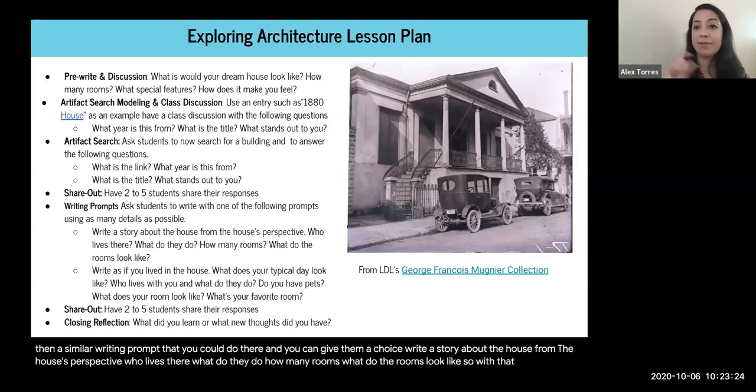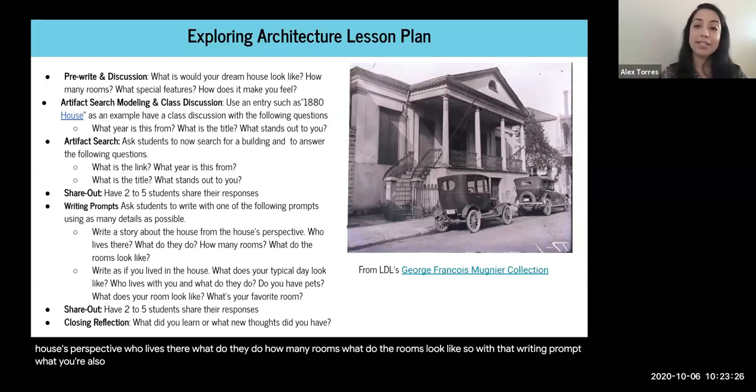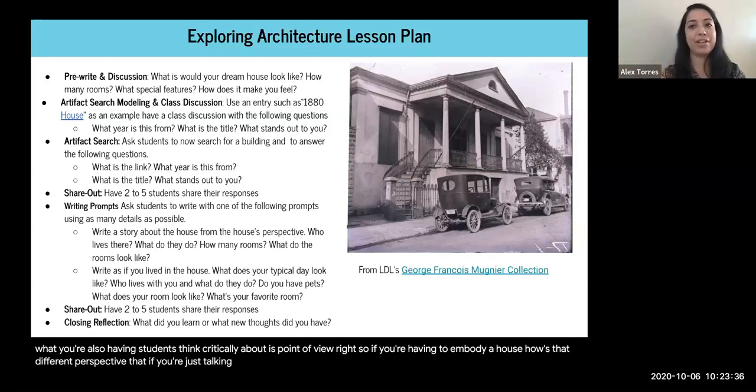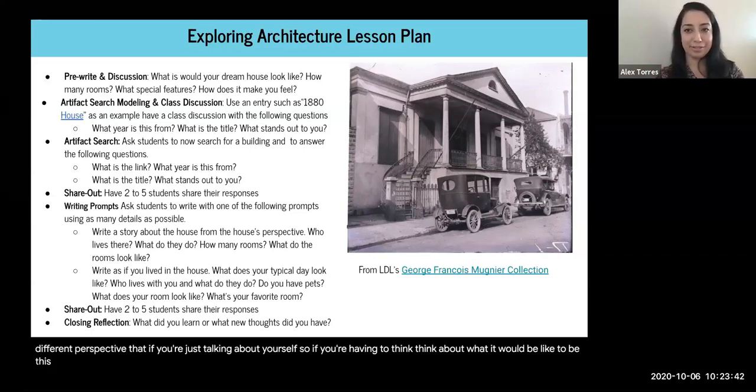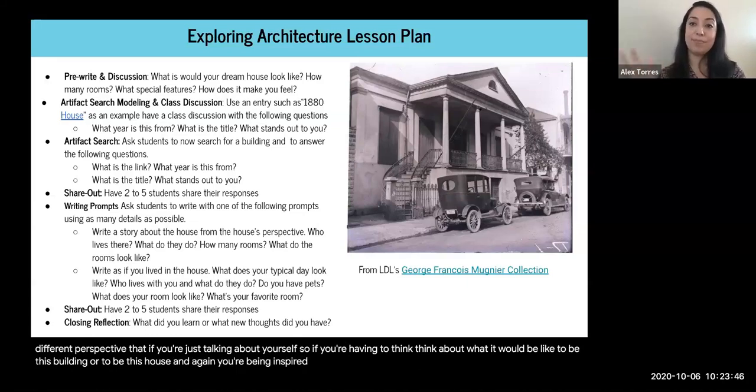So with that writing prompt, what you're also having students think critically about is point of view, right? If you're having to embody a house, how is that a different perspective than if you're just talking about yourself? So if you're having to think about what it would be like to be this building or this house, and you're being inspired by the picture that you found in the LDL.